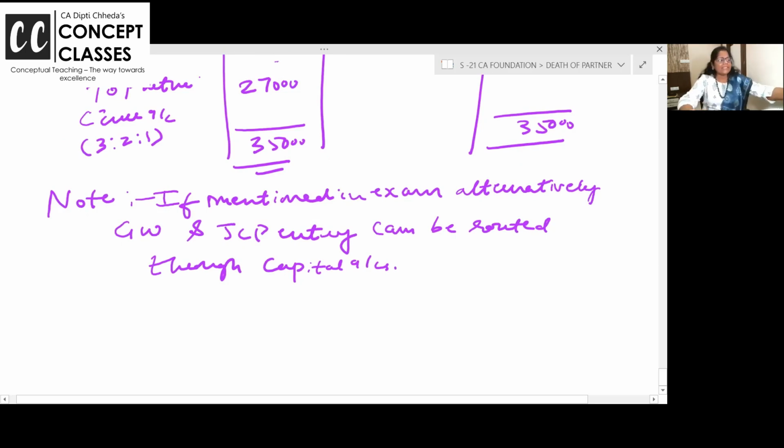Then only the internal balances will change. Whether you write below or above, the answer will come the same. Generally, they are clarifying.